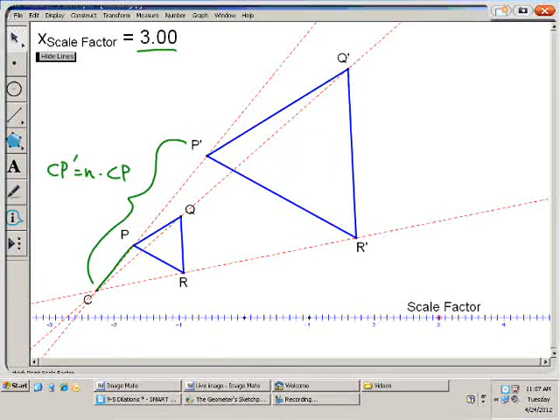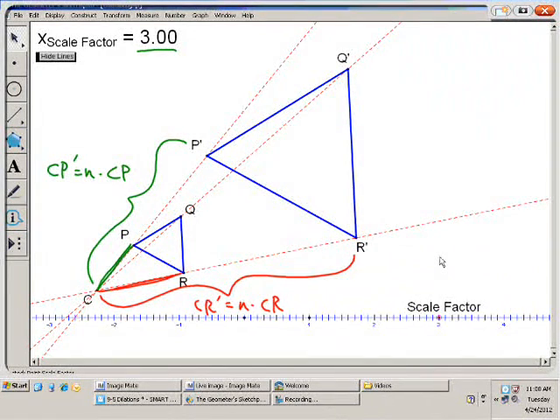So if I take my pre-image length and multiply it by the scale factor, I get the length of the image. The same is true for CR: CR prime is equal to n times CR.